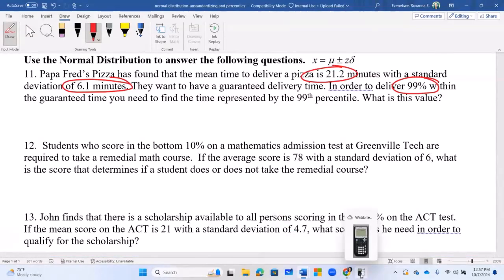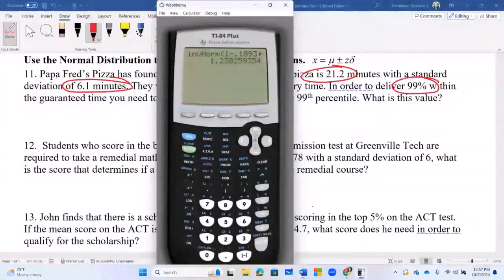normal. So I will go to my calculator, and I'll go again to second, start plot, number 3, and then the mean given to me is 21, and the area to the left, the percentile, is 0.99.